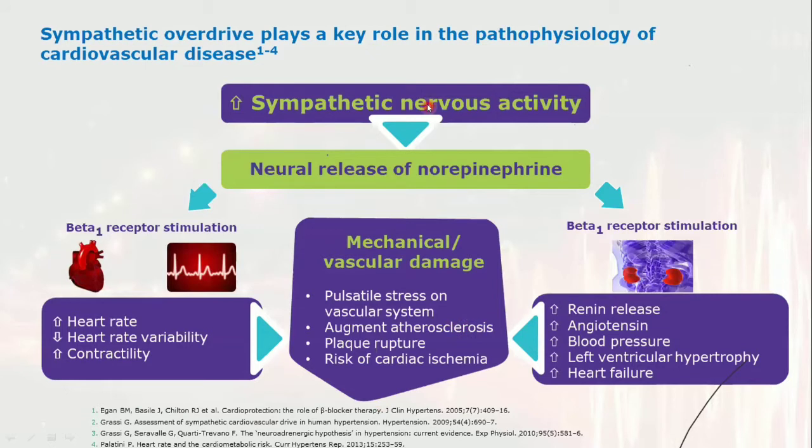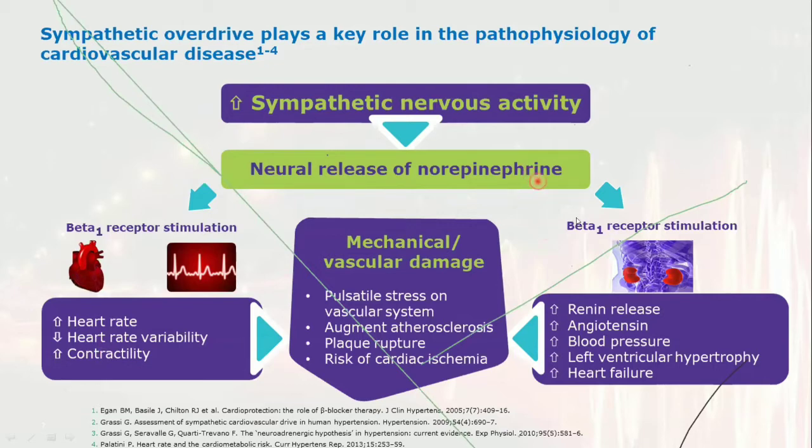Now, as I pointed out earlier, the increased sympathetic nervous system activity results in a neural release of norepinephrine, and this then has an effect upon beta-1 receptor stimulation. There is an increase in heart rate. There is a decrease in the heart rate variability, and the contractility increases because of the effect upon the cells.